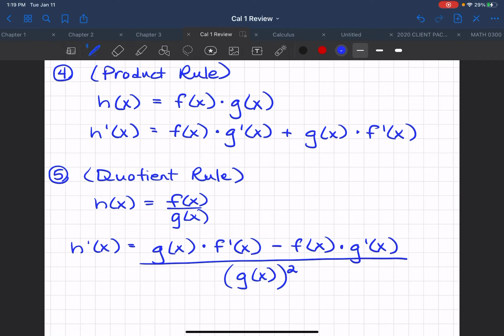So this one, order does matter. You have to make sure you start with the function in the denominator and multiply it by the derivative of the function in the numerator, minus, switch it, and then it's all over the denominator squared.